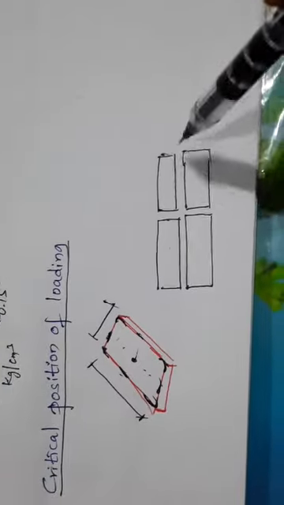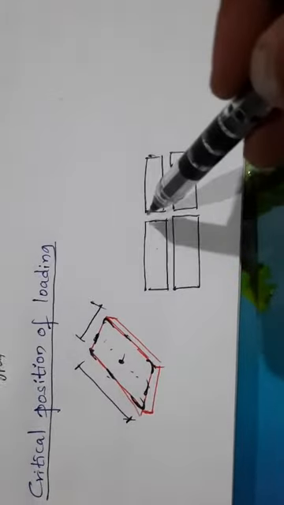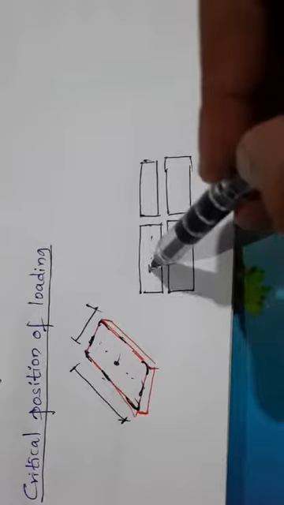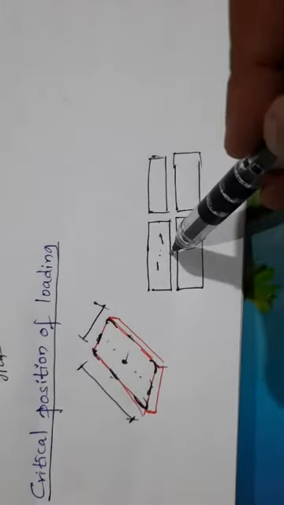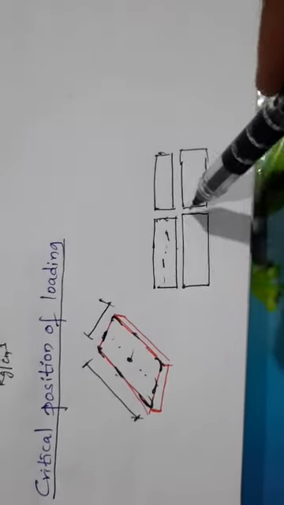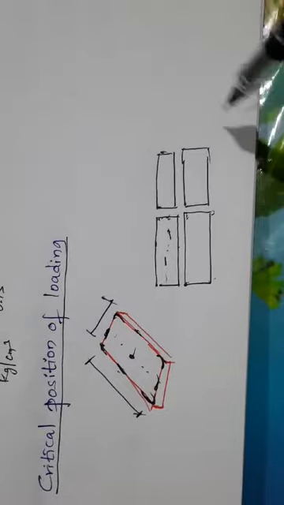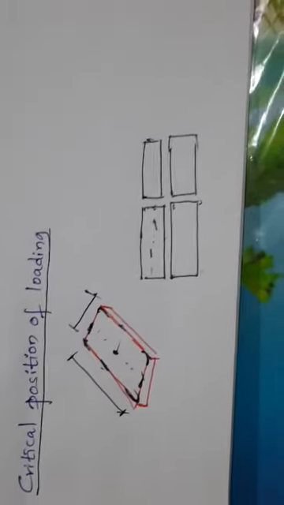So, slabs are arranged in this way when you look from the top. In these conditions, this is the interior loading here and these are the edge loadings and these are the corner loadings, same with all the slabs here. Hope you understand this. I will show it once again in the slab here.